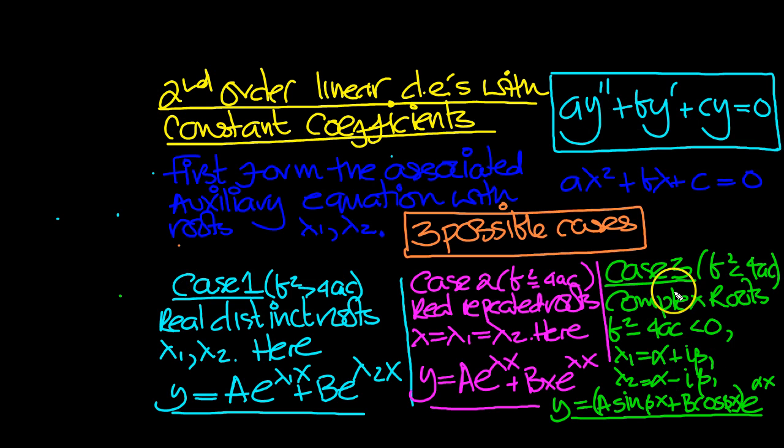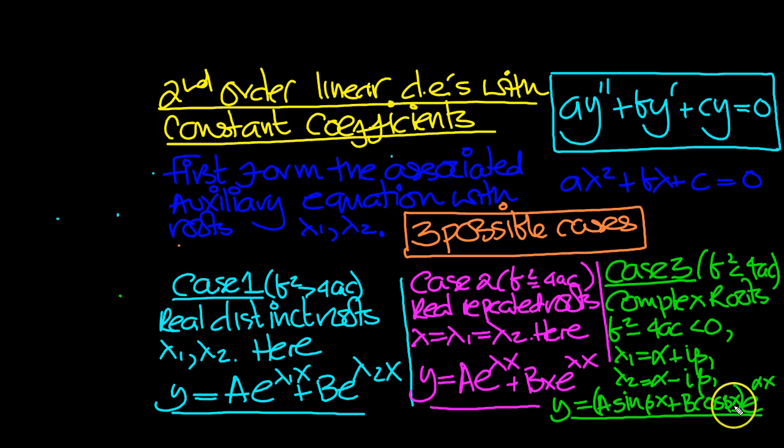So over here we've got complex roots, case 3, and the solution is a sine beta x plus b cos beta x, all times e to the alpha x, where alpha and beta are the components of the complex number, alpha plus i beta or alpha minus i beta.